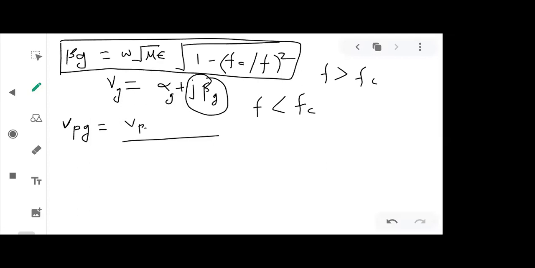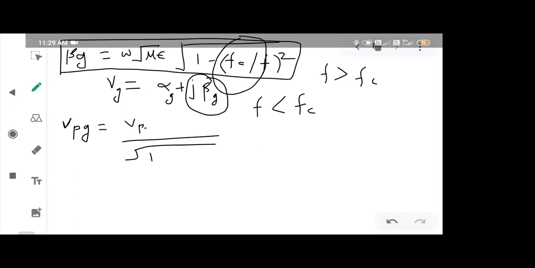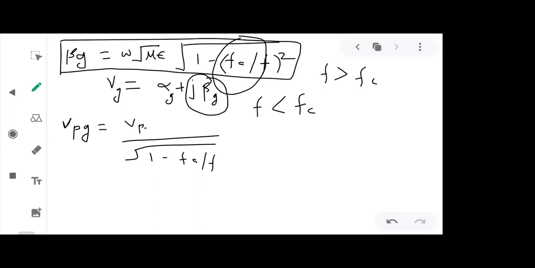That is divided by this additional new term. Everywhere you will find that all the formulas I'm going to list here are taken from the EM theory only, but with this additional term. This additional term will get involved everywhere. It is coming because of the boundary condition offered by the waveguide. So it is Fc divided by F the whole square.